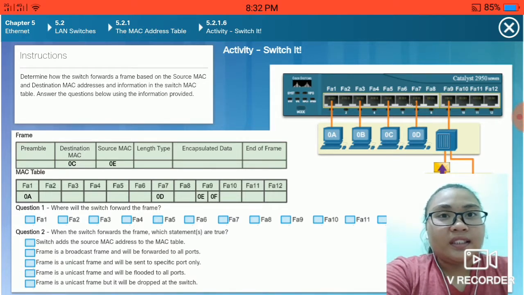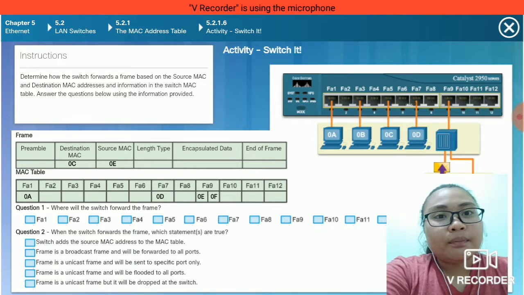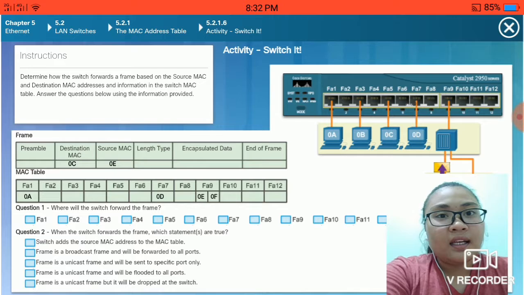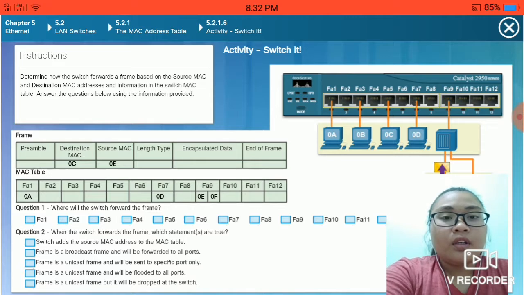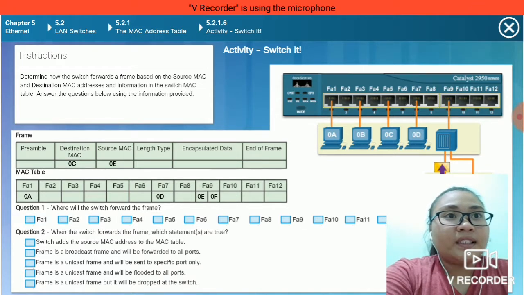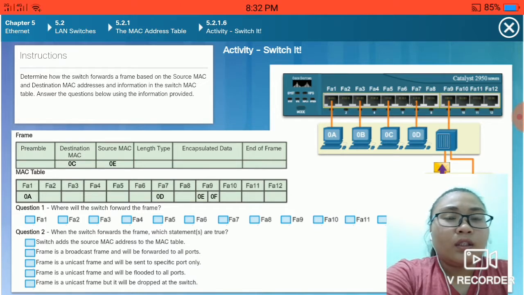The question is, determine how the switch forwards a frame based on the source MAC and destination MAC address and information in the switch MAC table. Answer the questions below using the information provided. So the first question is, we have the MAC table, so just look at it.